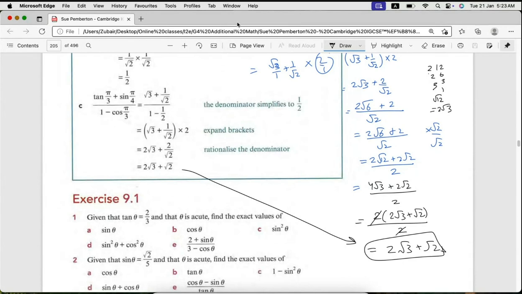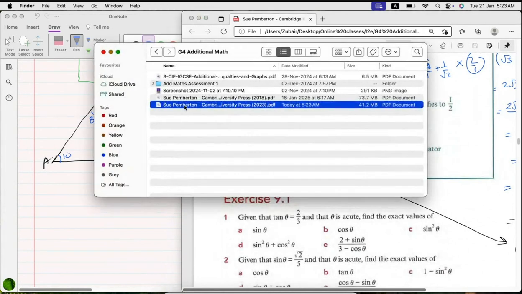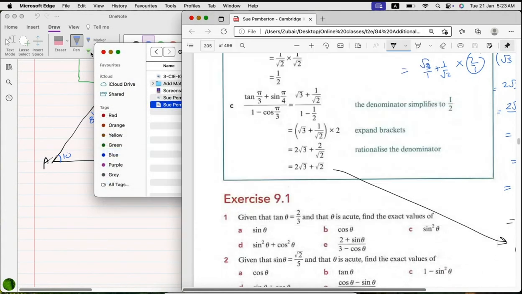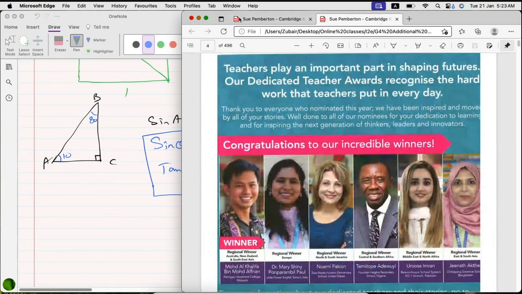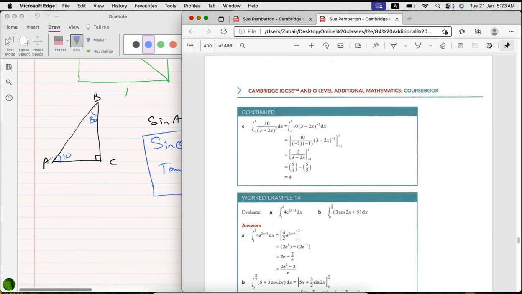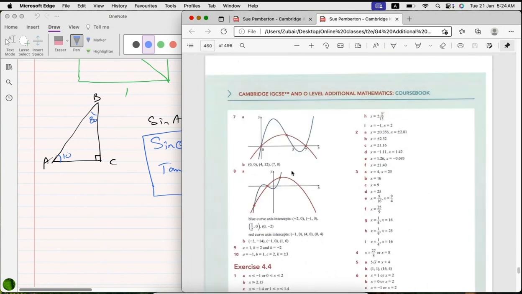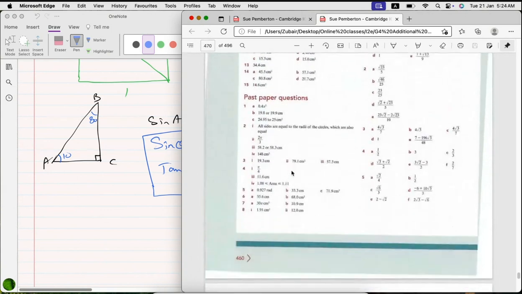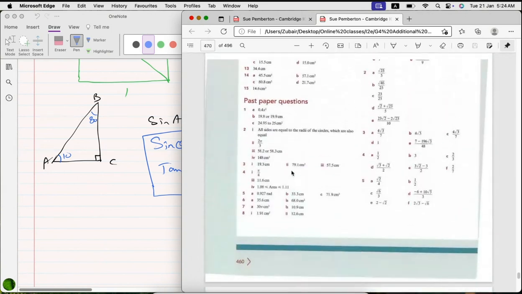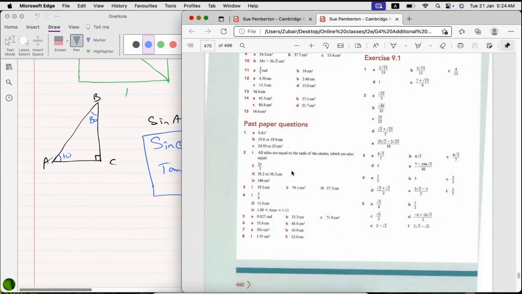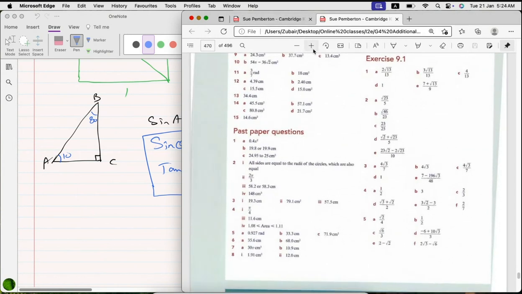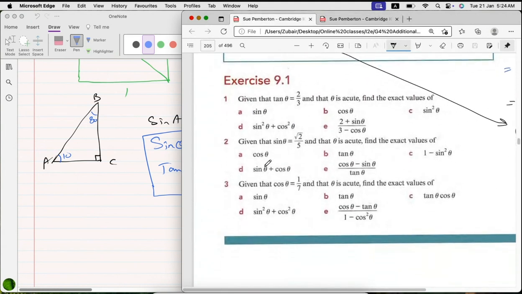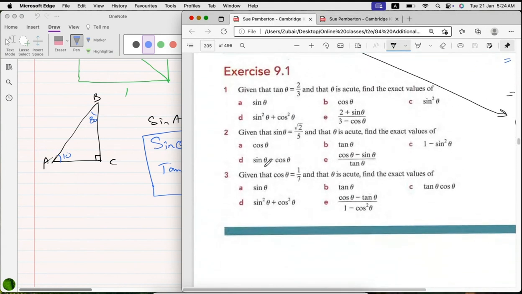Okay, exercise 9.1. Try a few parts of 9.1 and we'll check the answers.